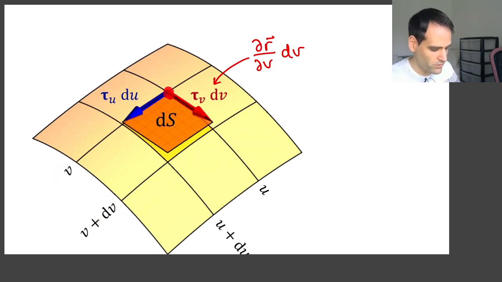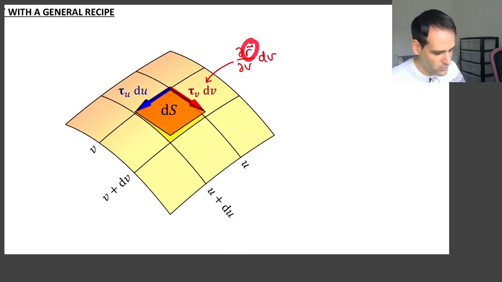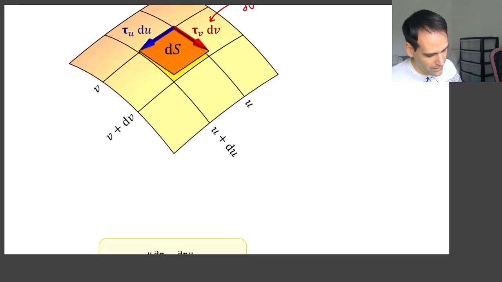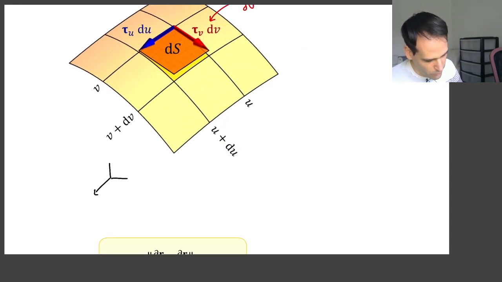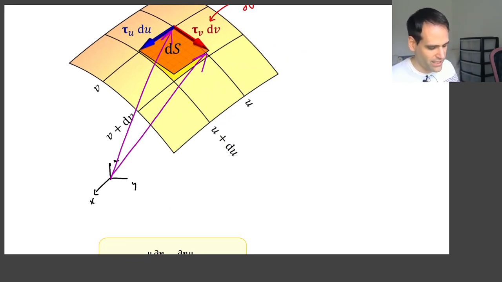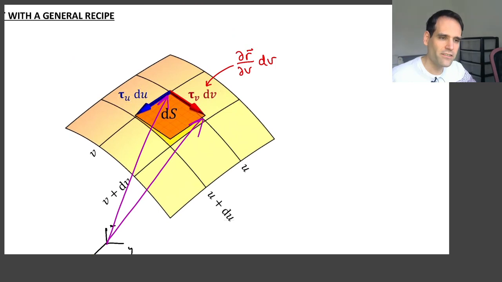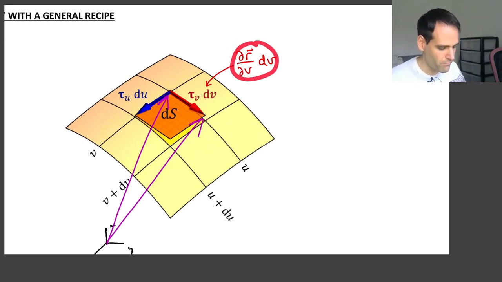So how much did the position vector move from here to here? Remember that every time we talk about position vectors, we are talking about a vector that points from the origin somewhere to that position. So that position vector is changing, and the change in that vector is given by this, which is this red vector here. The change in the position vector when we increase v by an amount dv.